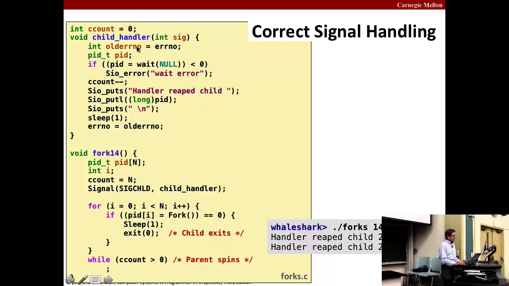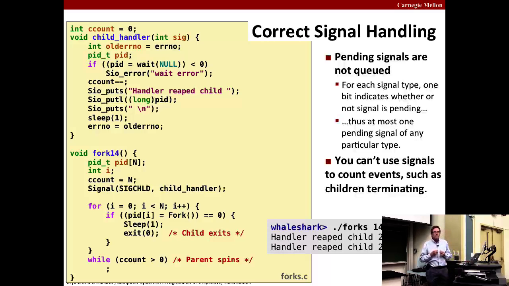The problem is that we assumed that the execution of the child handler corresponded to the receipt of a single SIGCHLD signal, when in reality these signals aren't queued. Multiple SIGCHLD signals were delivered to the parent, which kept overwriting that bit in the pending bit vector.